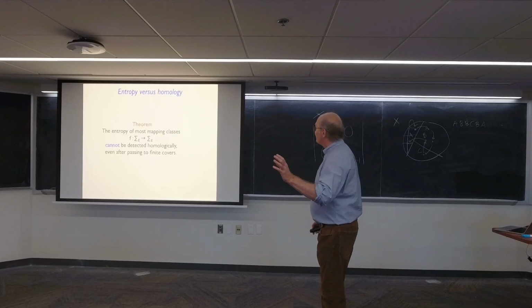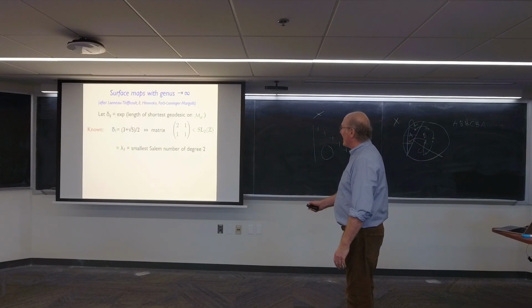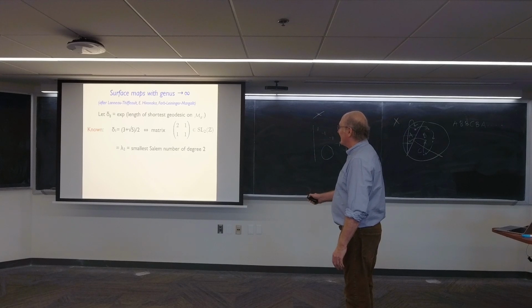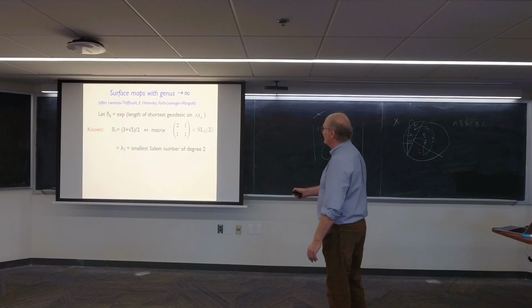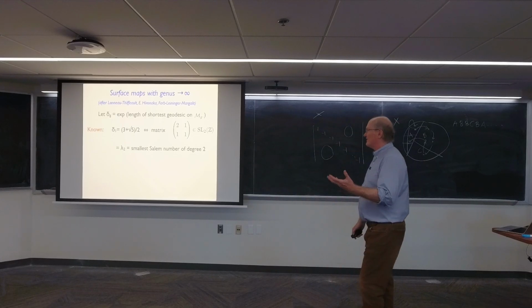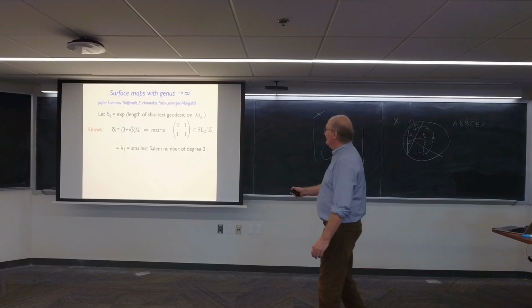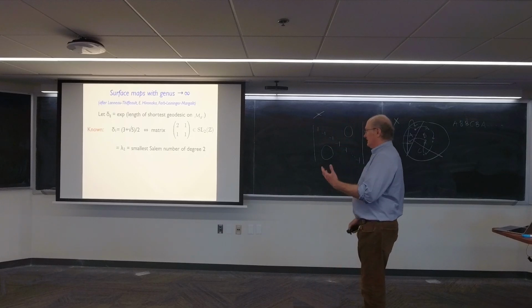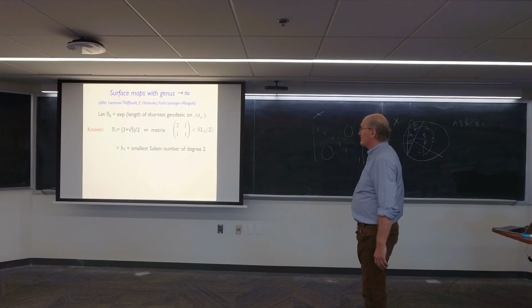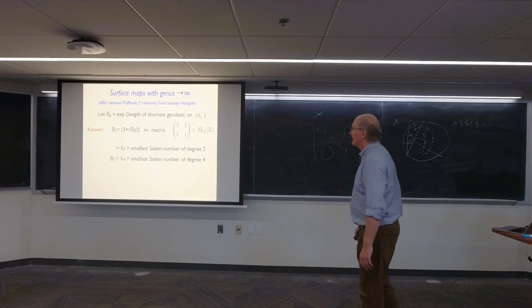And in brief, in genus 1, this is tantamount to finding a hyperbolic matrix in SL2Z whose leading eigenvalue is as small as possible. And famously, (2 1; 1 1), whose leading eigenvalue is the square of the golden mean, gives a map of the torus to itself, which has the minimum possible entropy. And that in fact comes from the Salem number of degree 2.